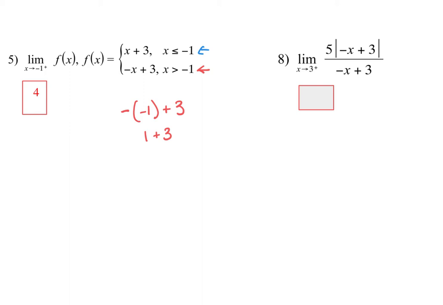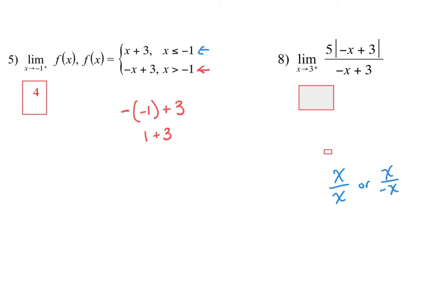There is a problem a little bit, though, because they specifically want to the right of 3, which means specifically they want numbers just slightly bigger than 3, okay? While the whole thing cancels out, look at it this way, it's going to be either x over x or x over -x.